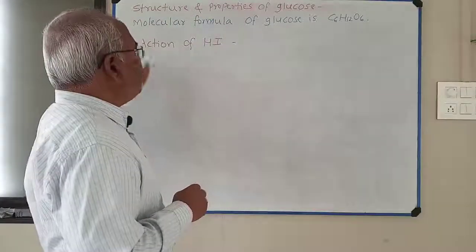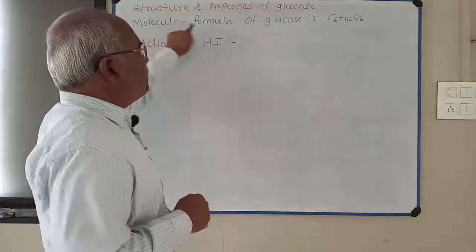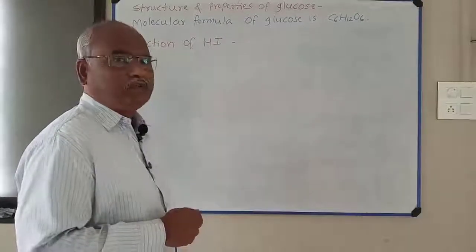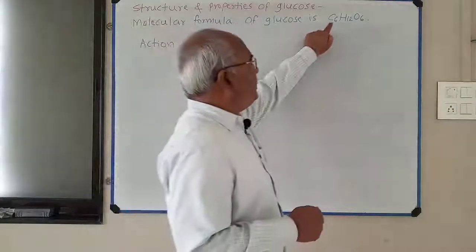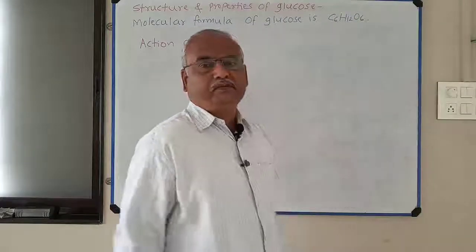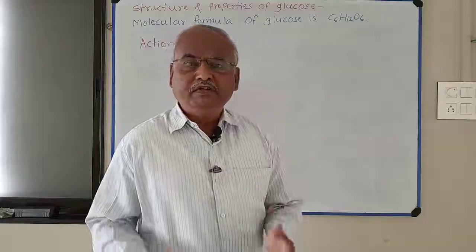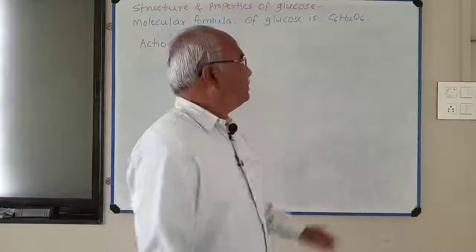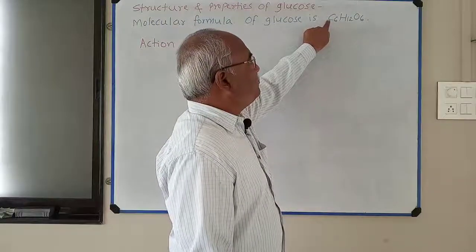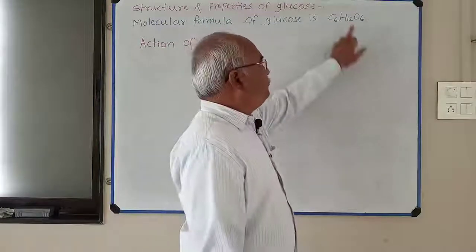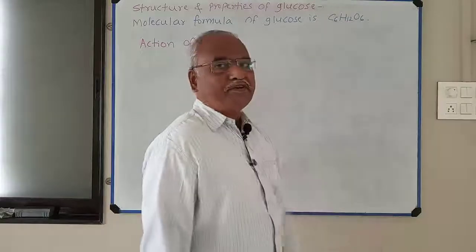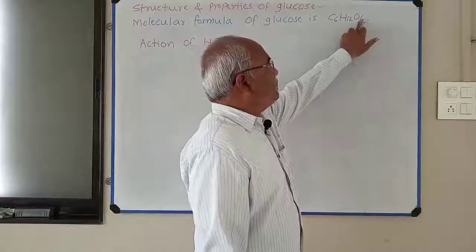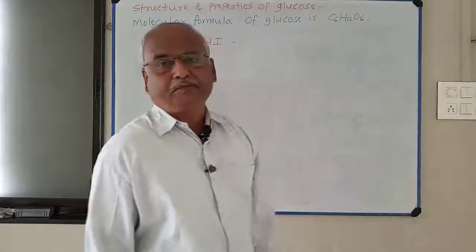So you know that molecular formula of glucose is C6H12O6. That means in glucose 6 carbon atoms are present, 12 hydrogen atoms are present and 6 oxygen atoms are present.